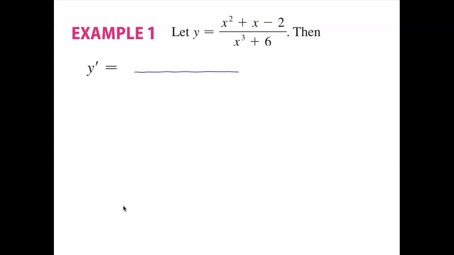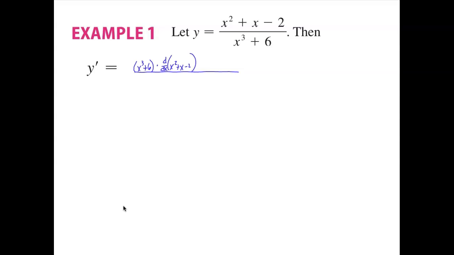And I'm going to go low d high. All right, well, low is x cubed plus 6. And then d high. So I'm going to say d/dx of the numerator, x squared plus x minus 2. That tells me I'm about to take the derivative of that x squared plus x minus 2. I just haven't actually done it yet.